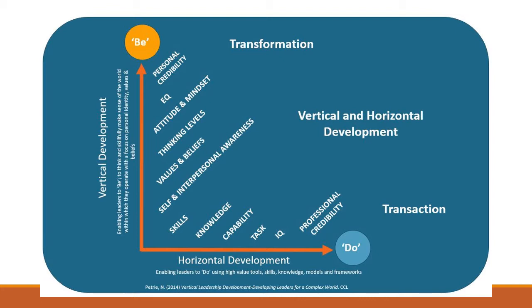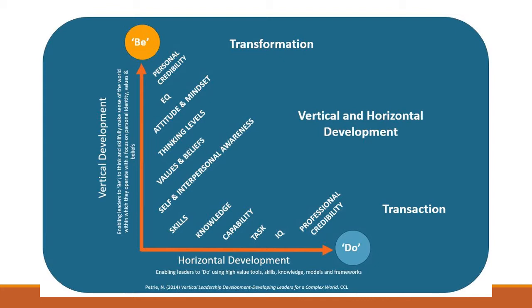On the other hand, vertical development is enabling leaders to be, to think and skillfully make sense of the world within which they operate, with a focus on personal identity, values, and beliefs. This is the transformative side of development with regards to leaders. They use different values and beliefs.